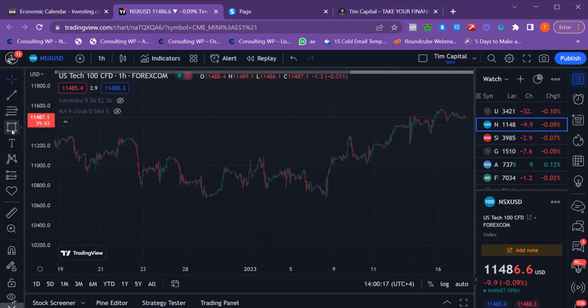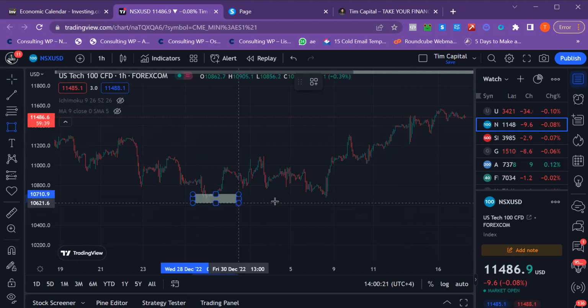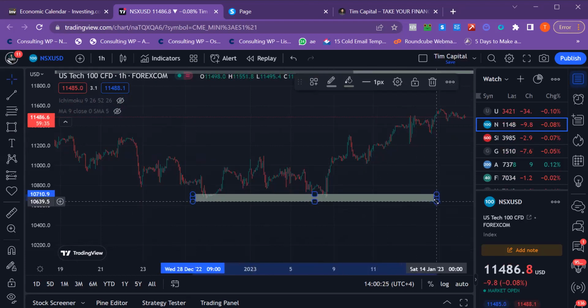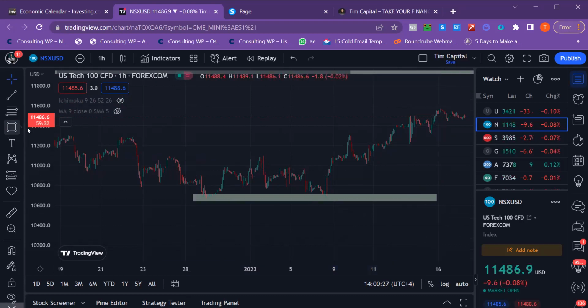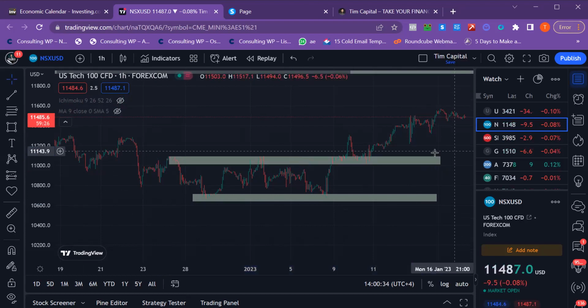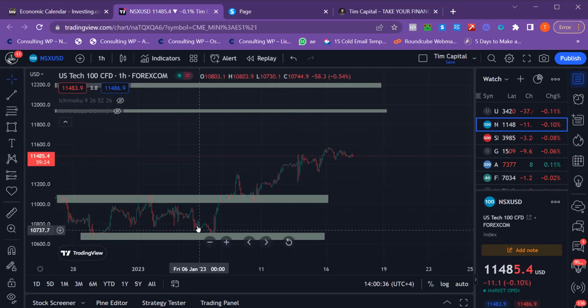So same thing here that you can see. We can see some area here, some area there. We can see another area here. You see for the S&P, same thing, we see the price broke.